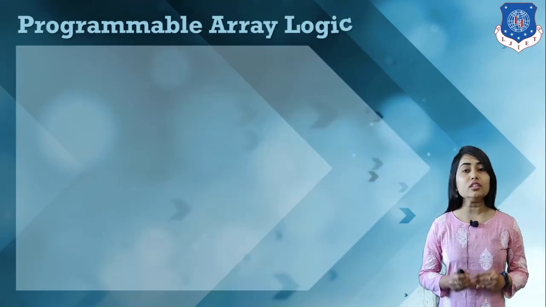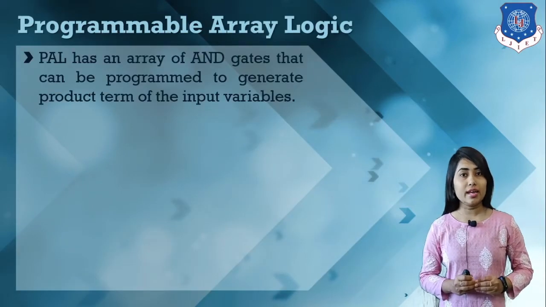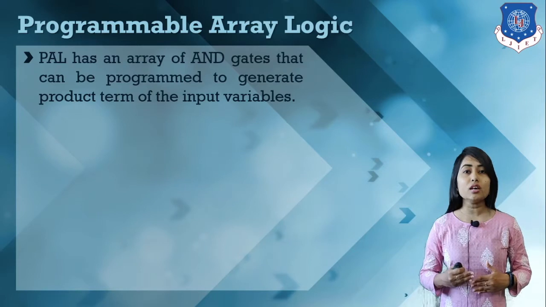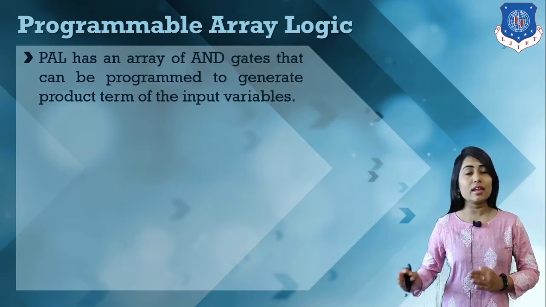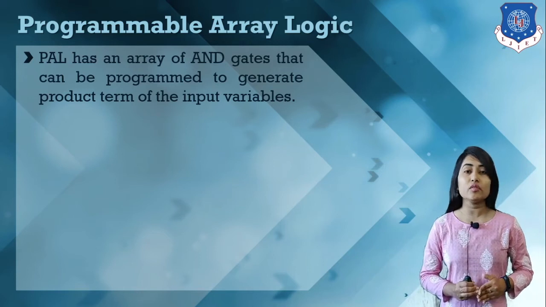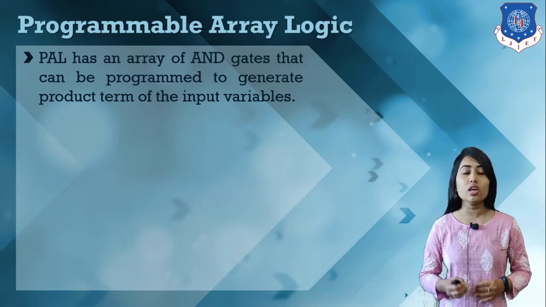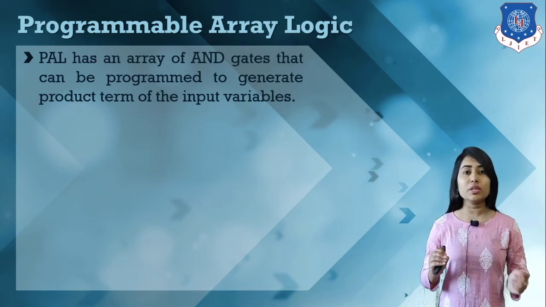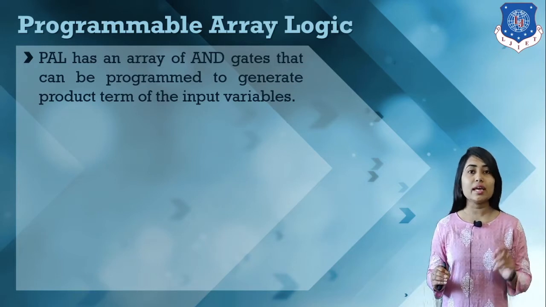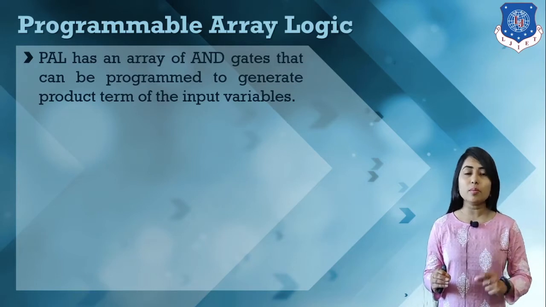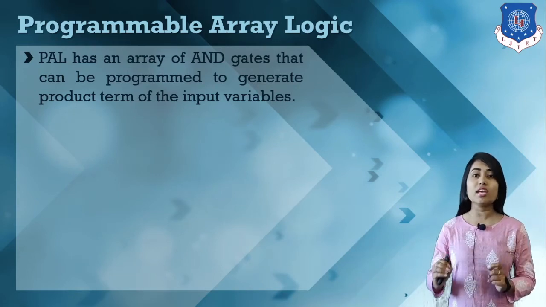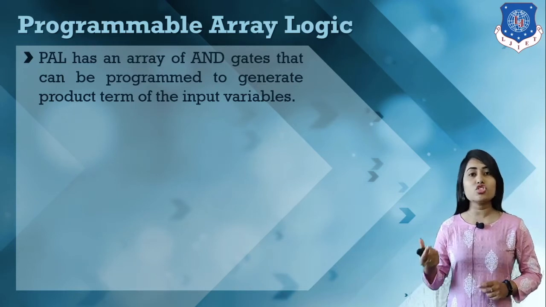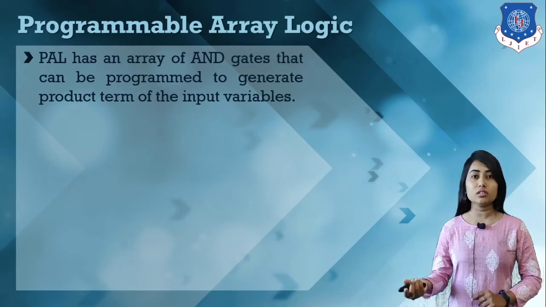In this PAL we have programmable AND gates. We can apply various inputs, and at the output of the AND gates we have various product terms. Whenever we apply input variables, the input variables are ANDed and a product term is generated at the AND output side.